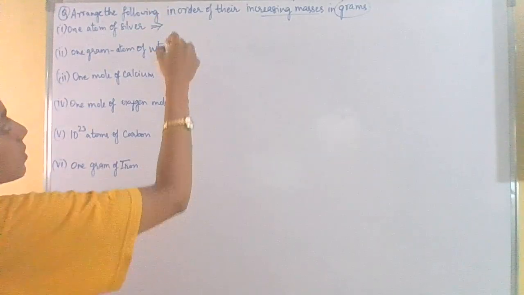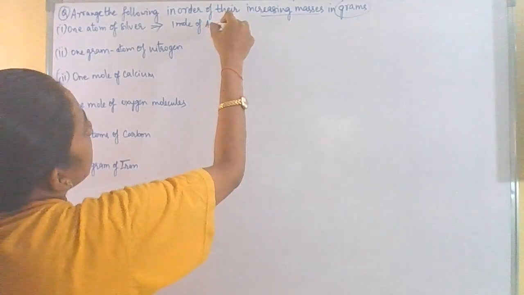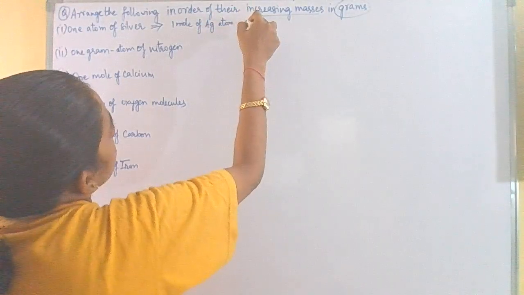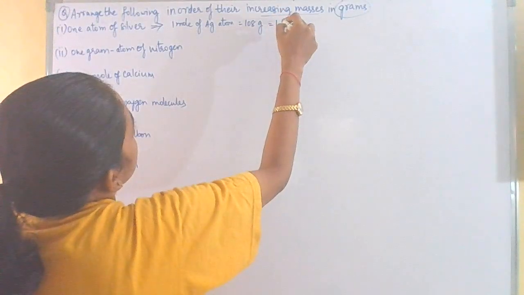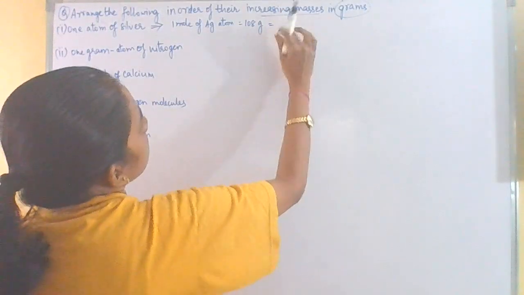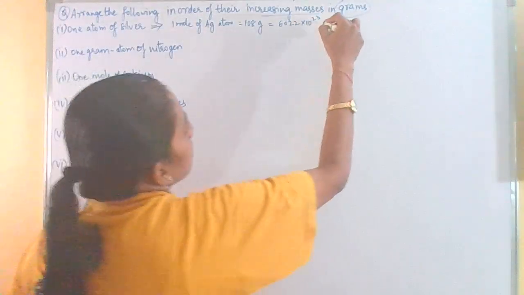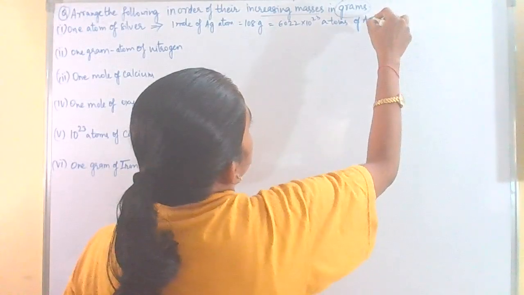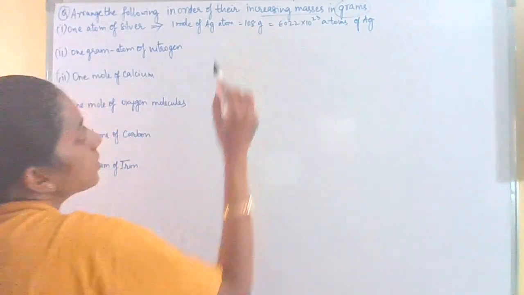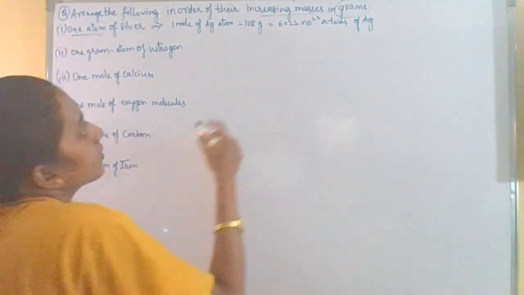What is its mass? 1 mole of silver Ag atom is equal to 108 grams, which is equal to 6.022 × 10^23 atoms of silver. These many atoms have a mass of 108 grams. They are asking the mass of 1 atom of silver.